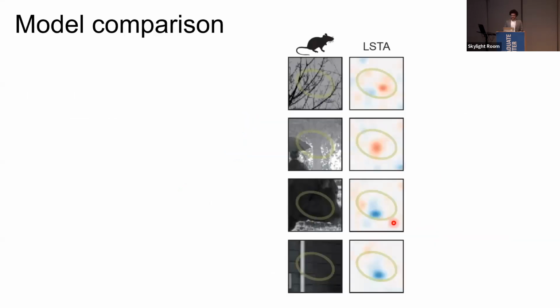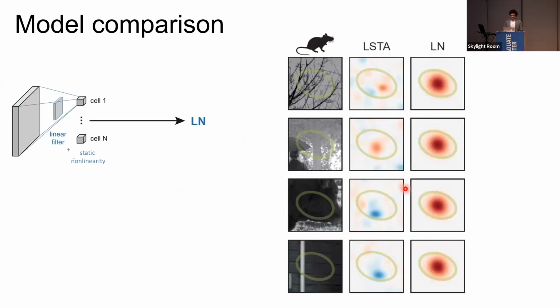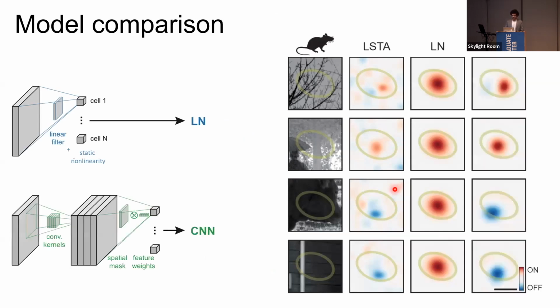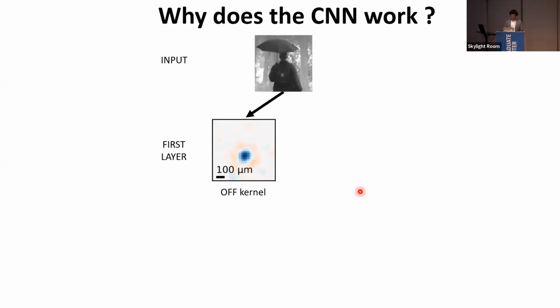And then we can confront the model-predicted local STAs with the local STAs that we measured with the perturbations. And we see, as expected, that the LN cannot capture this polarity change from on to off, while the CNN can. And I want to give you an intuition of why the CNN can do that. It's because the CNN has a first convolutional layer that is composed of two channels that, once they're trained, look like this.